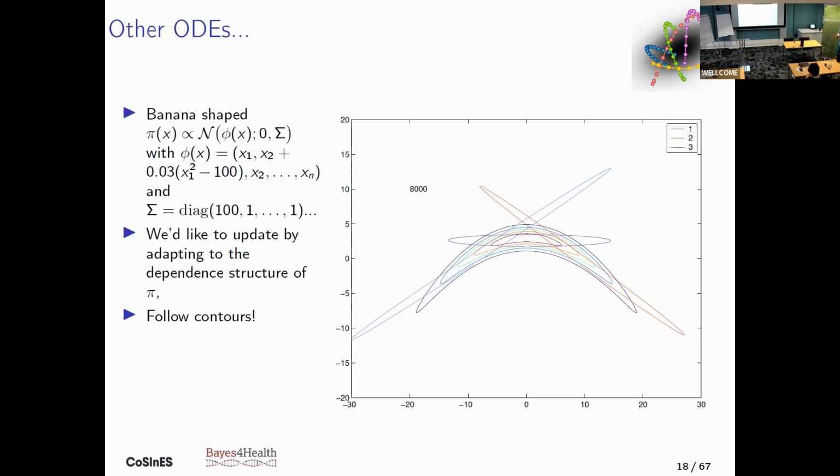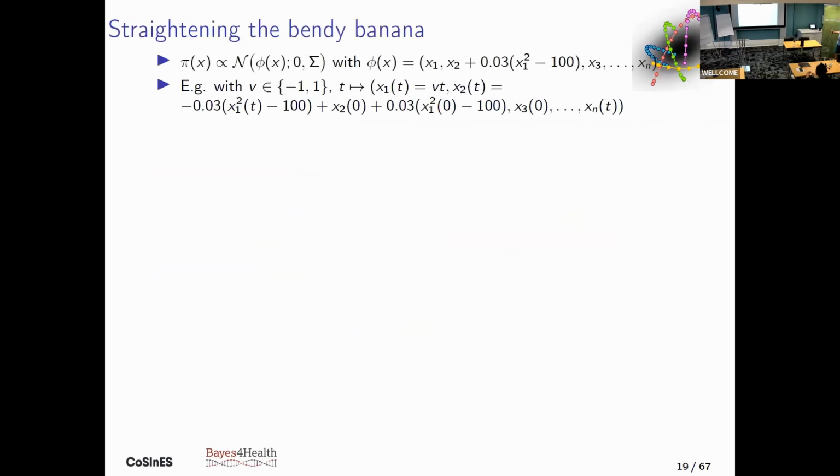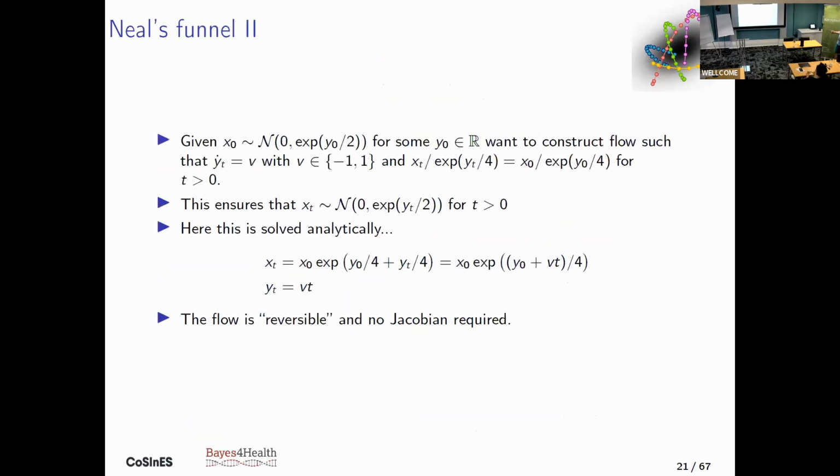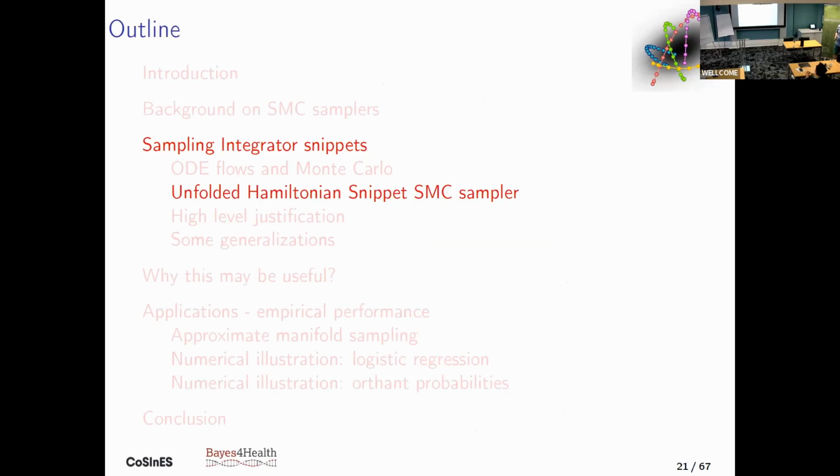You can always describe the contours with an ODE, provided that you're differentiable, but in many scenarios, such as this toy example, you can very easily design algorithms that follow the shape of the target distribution, therefore resulting in efficient algorithms. But I'll focus on HMC, which is just a particular case because it's the most popular application of ODEs in MCMC. So I'll skip these examples and move on to our algorithm and show you how it works.